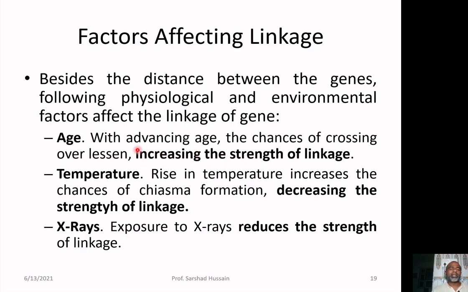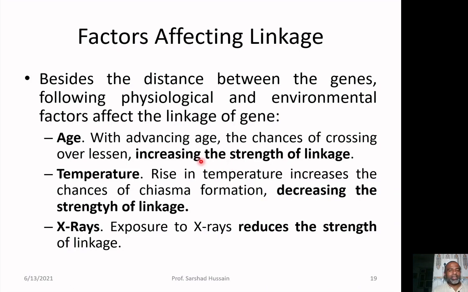Otherwise this crossing over is very important, because whenever there is a new combination of genes due to crossing over, variants are produced, and variants always have more vigor as compared to the non variants. So always variation is required for a good individual and for evolution to occur.